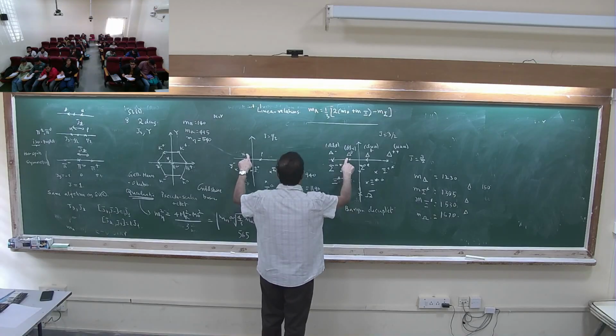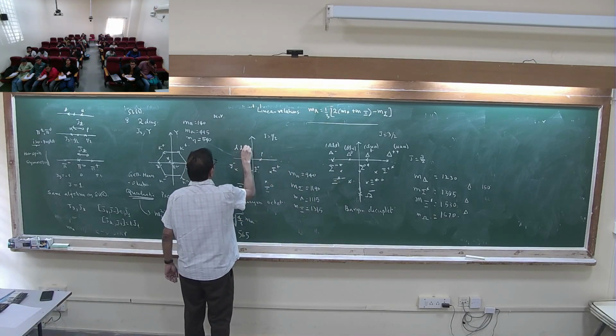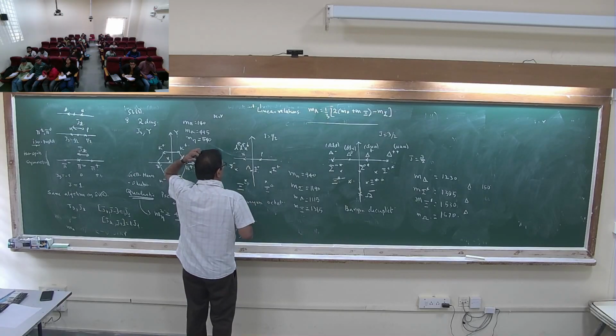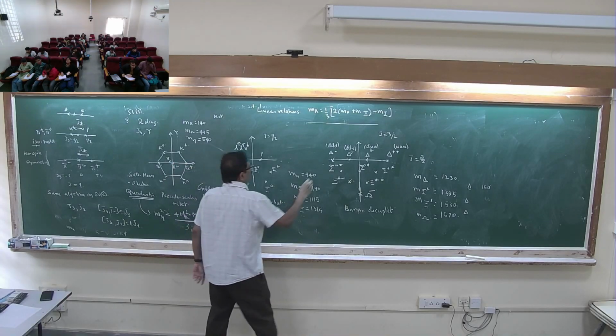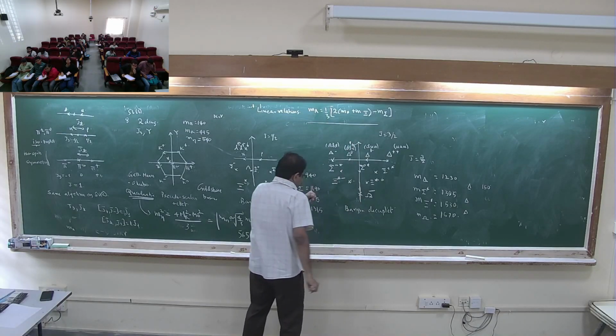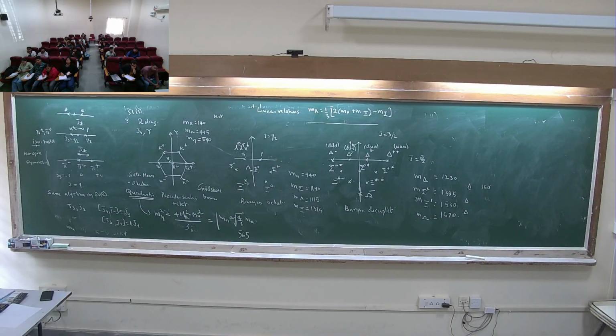The only difference between these two is that here you have one up, one down, like this, and the other the other way, whereas here, all the spins are pointing up.